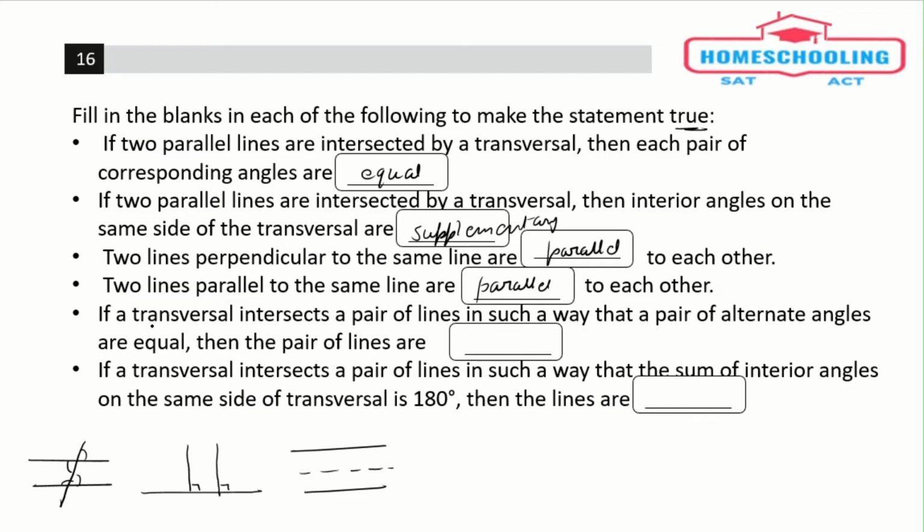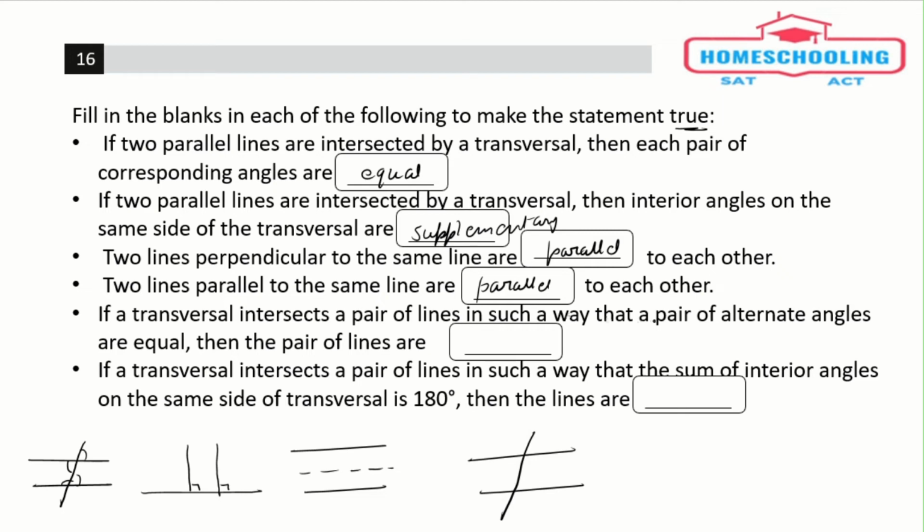Now moving to the next statement, if a transversal intersects a pair of lines in such a way that the alternate angles are equal. These are two lines and this is a transversal.